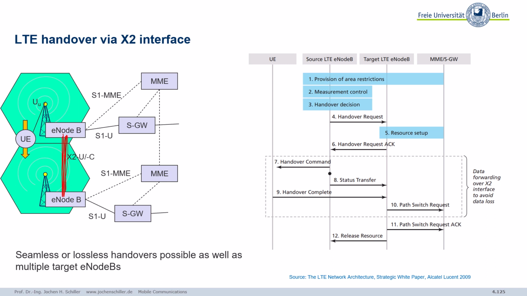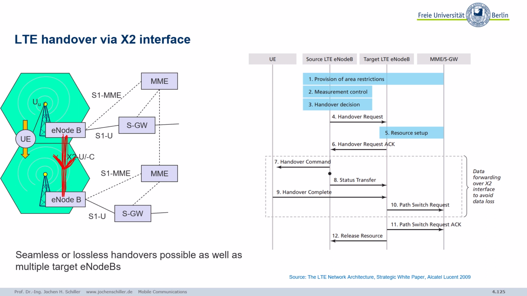Maybe we also additionally want to have in-order delivery of all packets, so lossless handover. That's also offered by LTE. So we have to forward the packet maybe to the old and to the new eNode B. We should not lose any packets. And to enable a fast forwarding, to avoid packet loss, the old eNode B can forward the data packet.